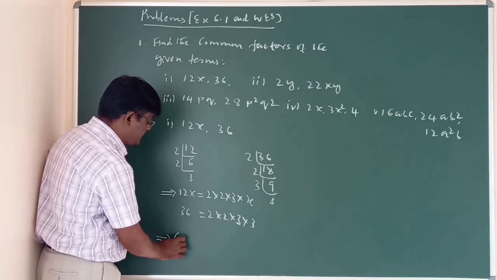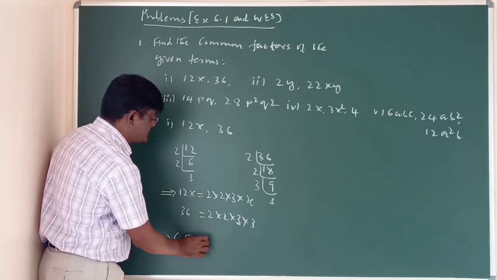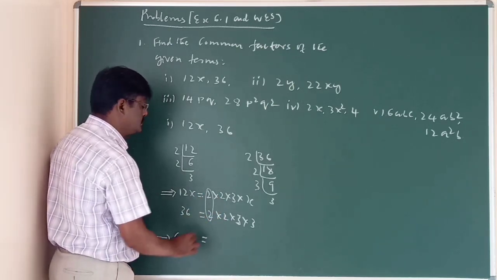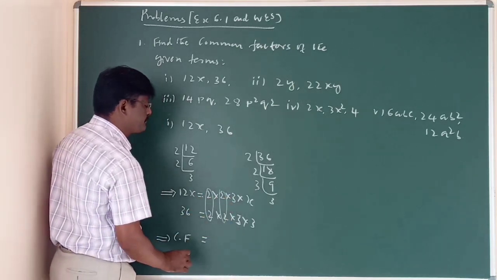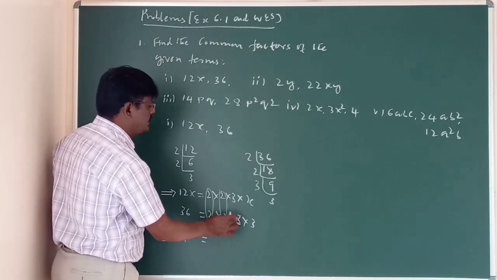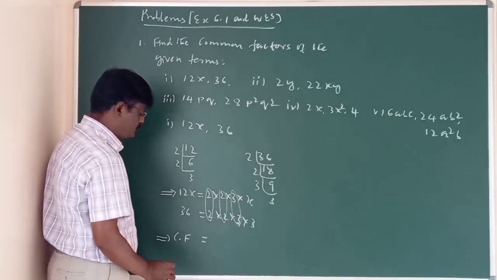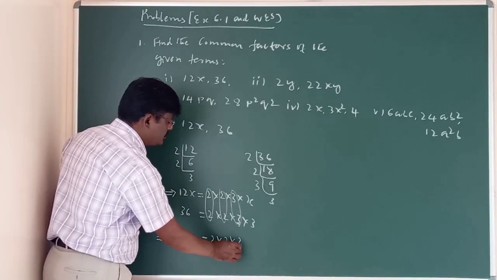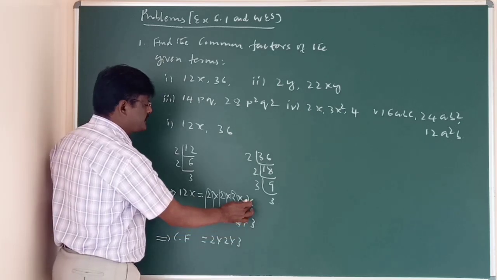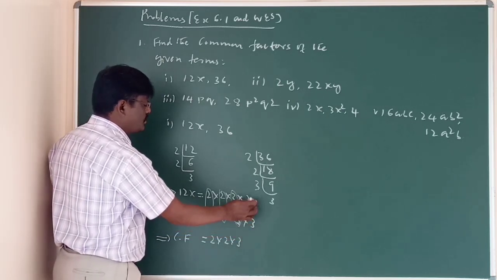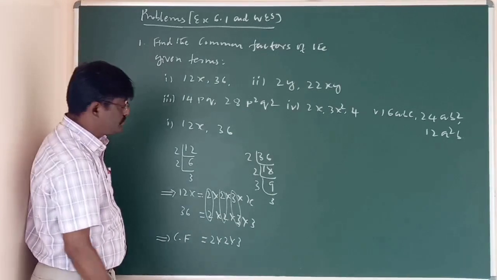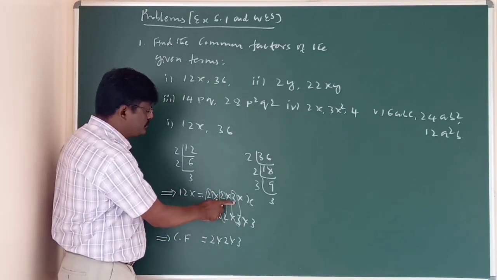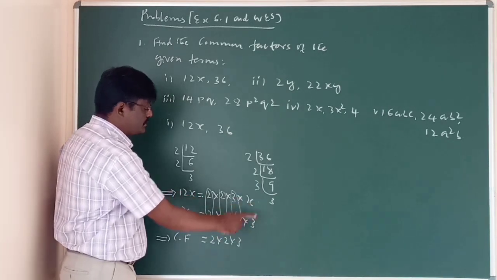Very simple. Take these two 2s common, and here we have one 3 common. Therefore, the common factor is 2 into 2 into 3. What about x? No. What about one more 3? No, for this 3 there is no pair. To be common means just the same.